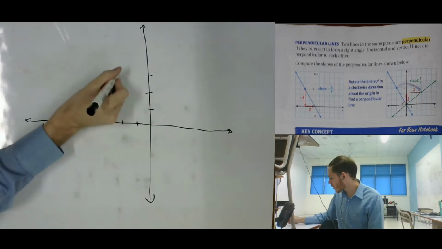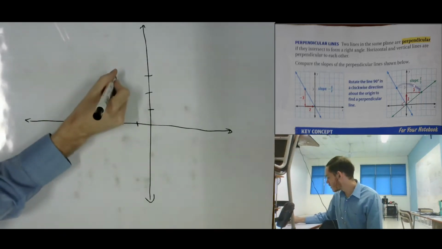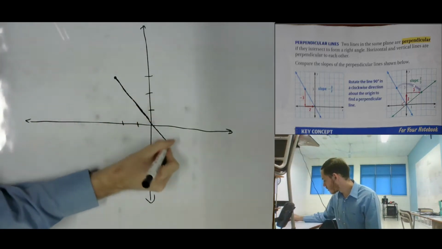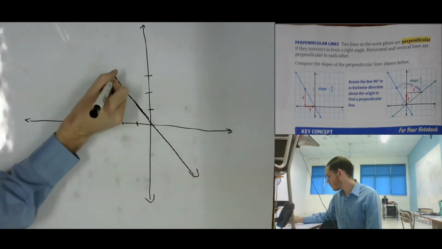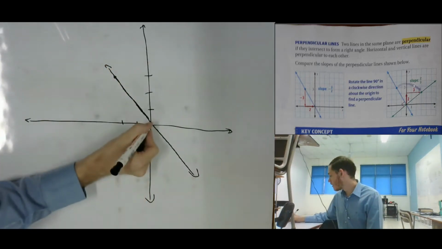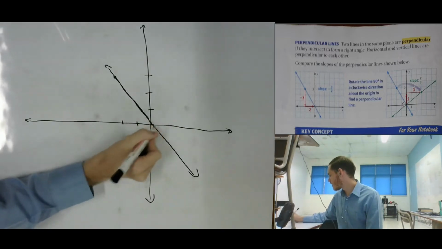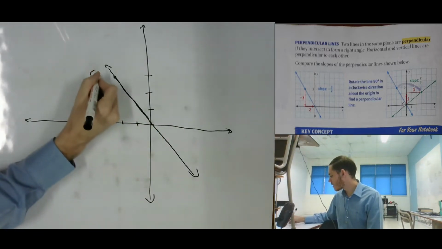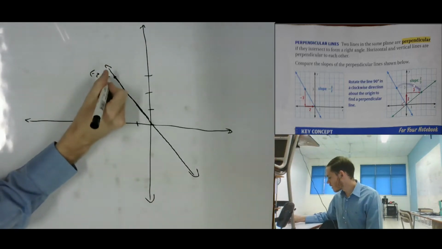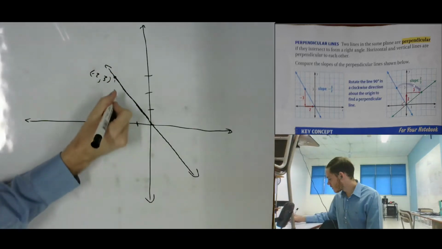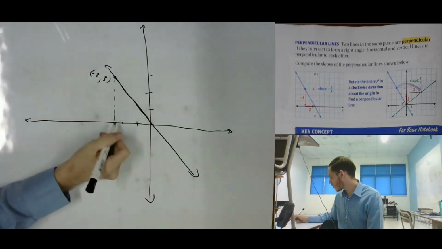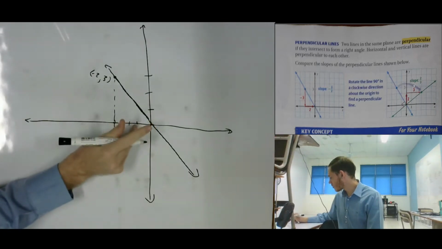So, we're going to start with our point, 3 comma -2. Now, this negative 2 comma 3, this line, it's much easier to draw lines this way.